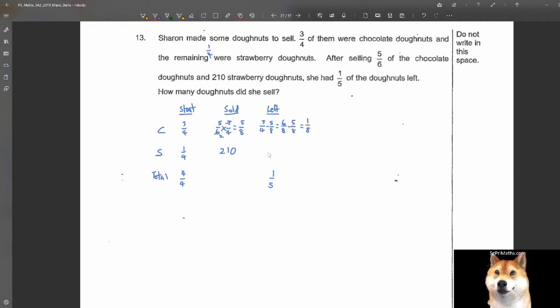So you know that at the end there's 1/5 left, and 1/8 is chocolate. That means the strawberry is 1/5 minus 1/8. This will change to the same denominator, which is 40, equals 3/40.